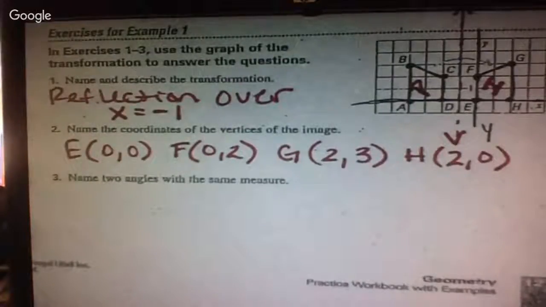And then it goes through negative 1 on your x, so it reflects over x equals negative 1. Basically, where would you fold your paper? Does that make sense?